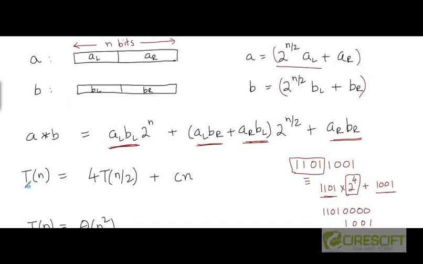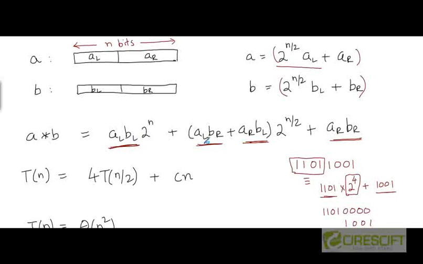So if t of n is the amount of time it takes to multiply two n-bit numbers, t of n by 2 would be the time needed to multiply two numbers each n by 2 bits long. Since there are four such products we need to compute, we would need to make four recursive calls on subproblems of half the size.